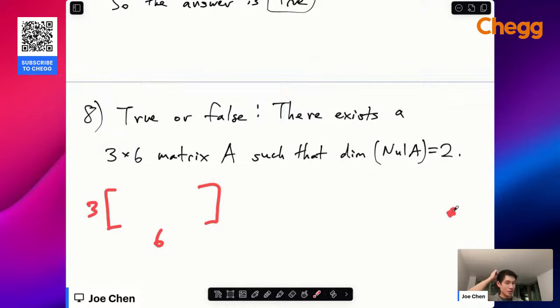As a hint, this is going to be similar to the previous rank nullity question. But it's good to see a question like this as well. I'll give you all a moment to think about it, and you can type in the chat if you know the answer.